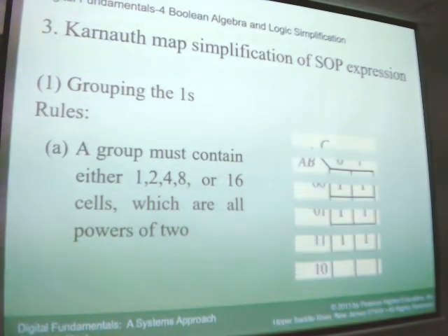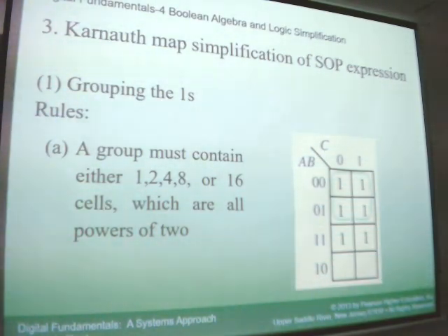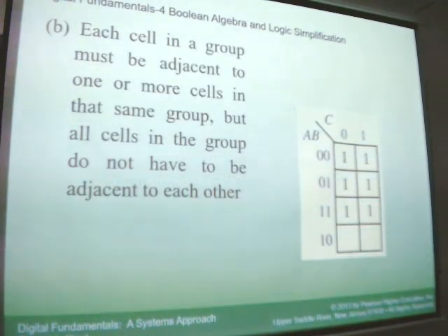The second rule. Each cell in the group must be adjacent to one or more cells in that same group. But all cells in the group do not have to be adjacent to each other.